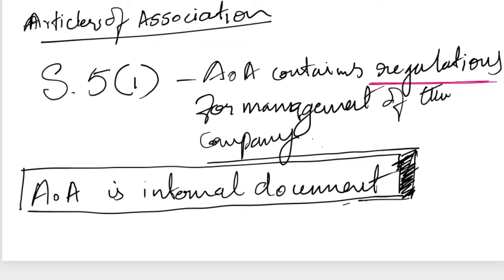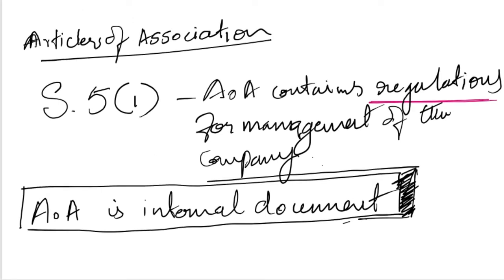By section 5(6) of the Act, the articles of a company shall be in respective forms specified in table F, G, H, I, and J. So section 5(6) explains that articles of association of a company shall be in respective forms.